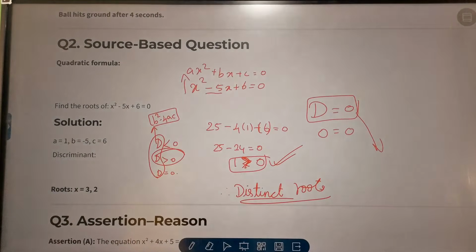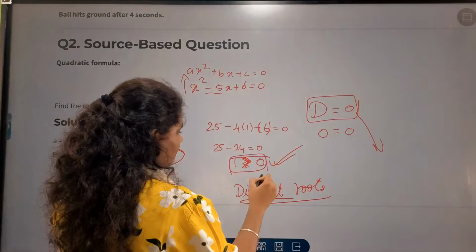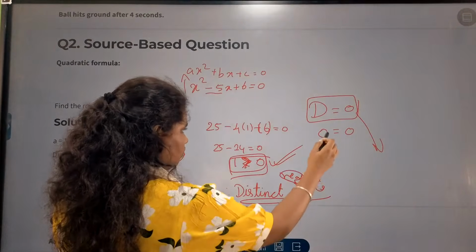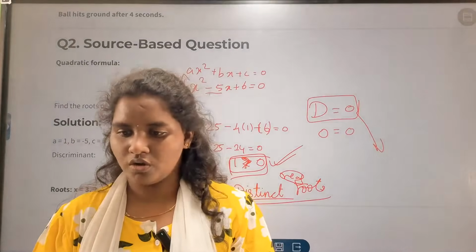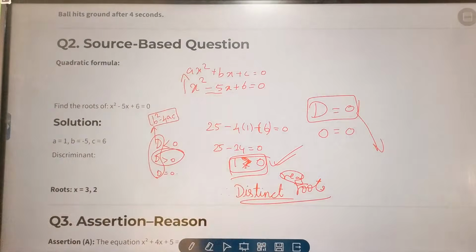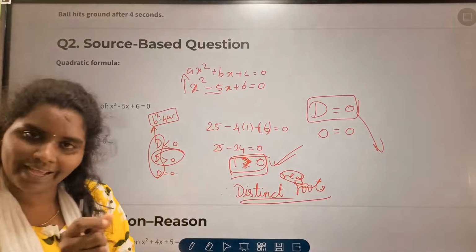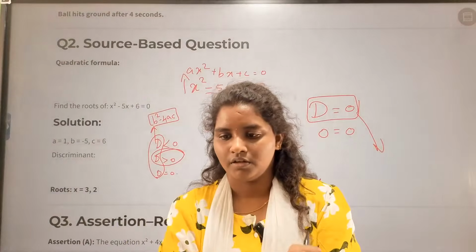Okay. It's greater than means it's distinct real roots. Here it's right. What about here? If we have D equal to 0, that is the discriminant is equal to 0, yes, it's real roots, it's right, but one word is missing.